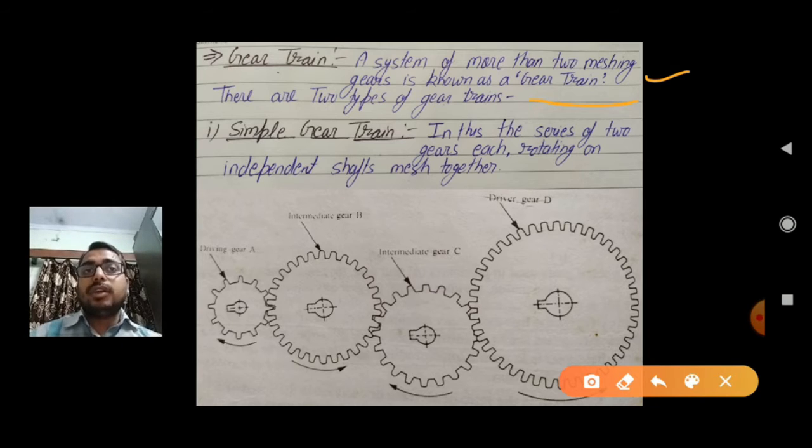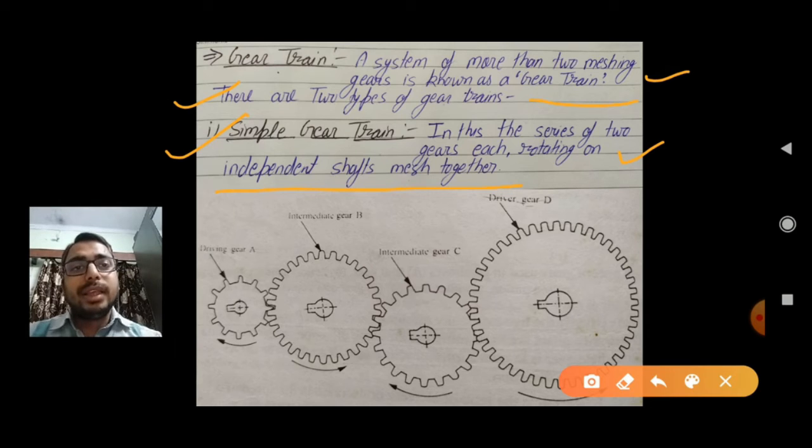Gear trains may be of two types, and the first is the simple gear train. This is the diagram of a simple gear train. A series of two or more gears rotating on independent shafts and meshing together is called a simple gear train.